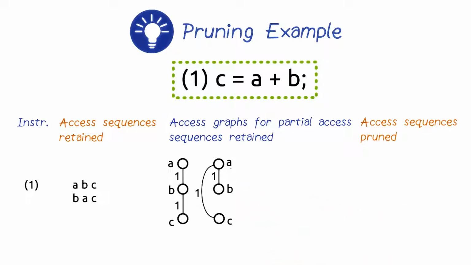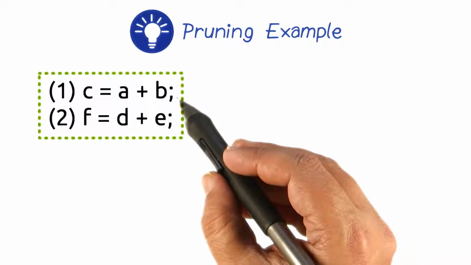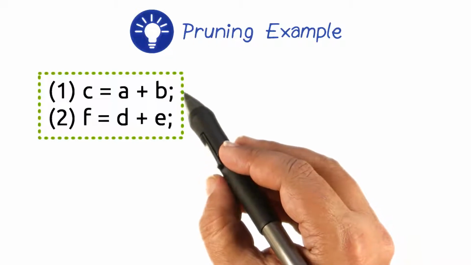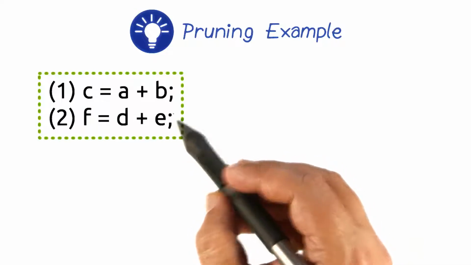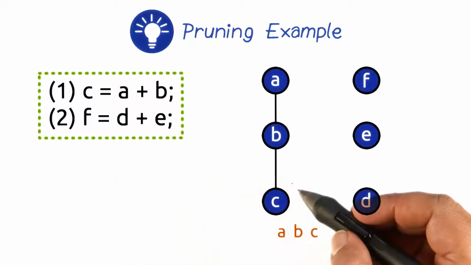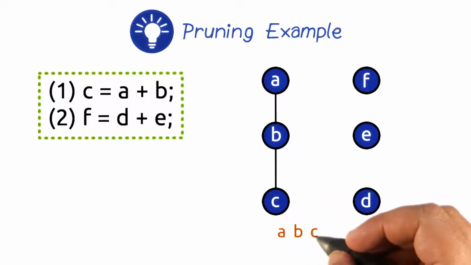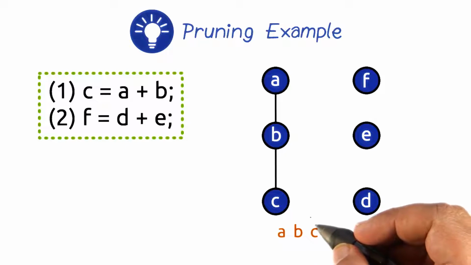So let us continue this example now. What we are doing here is extending this example, not considering just one statement, but considering the next statement as well. The next statement is F equal to D plus E. Now let us assume that we had picked one of the two access sequences from the previous steps. In this case, let us assume that we have picked ABC as the access sequence from the previous step.